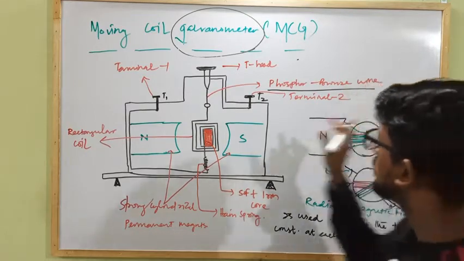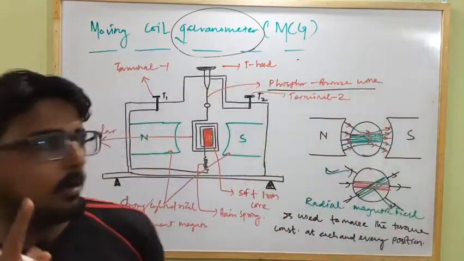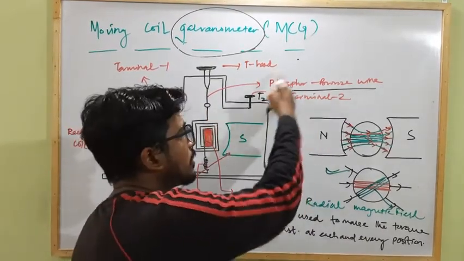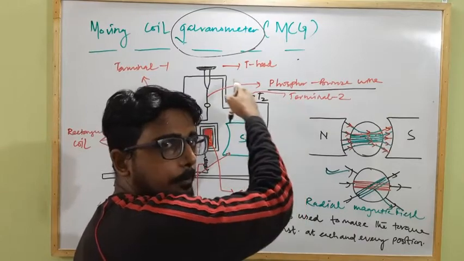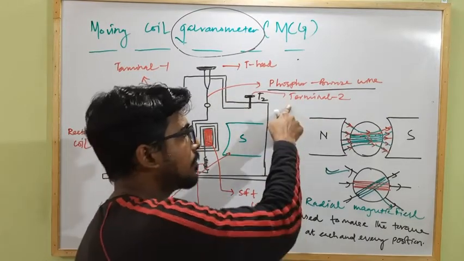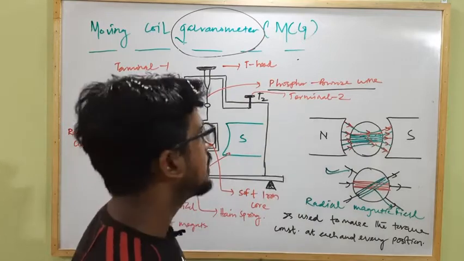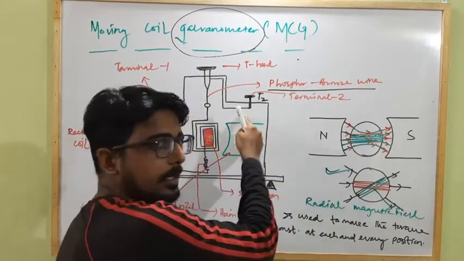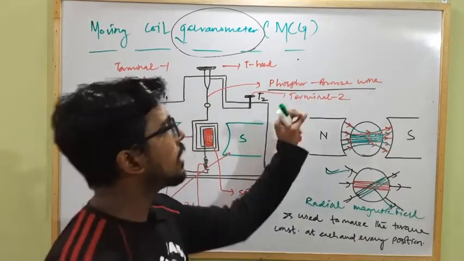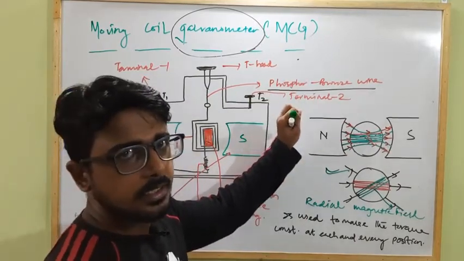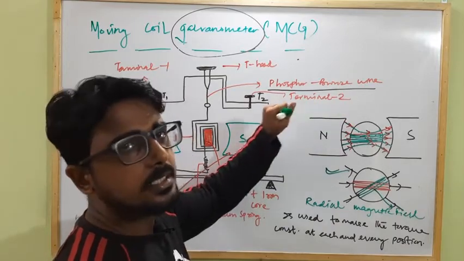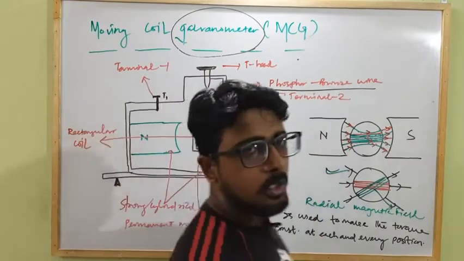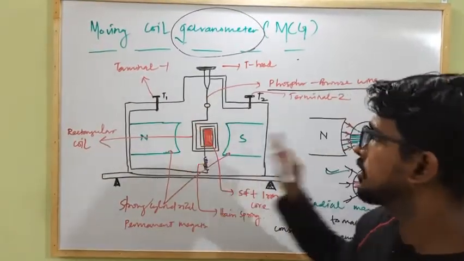That's why we are using phosphor bronze wire, which are highly conducting material for the flow of electric current, and their temperature does not rise very largely by passing of the electric current. That's why we are using phosphor bronze wire for the connection of this circuit.